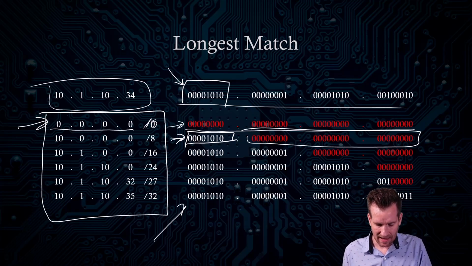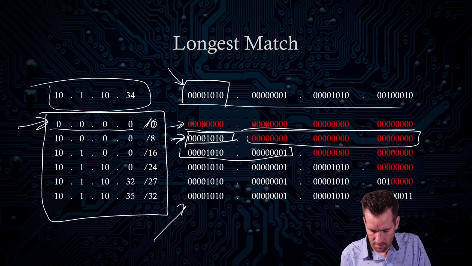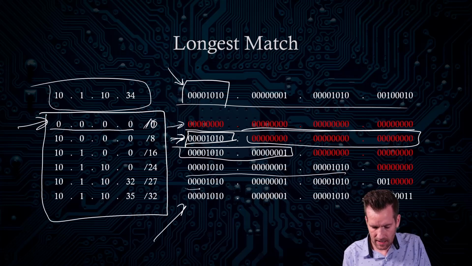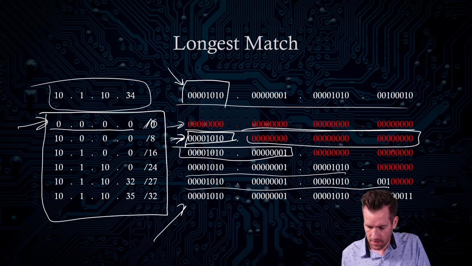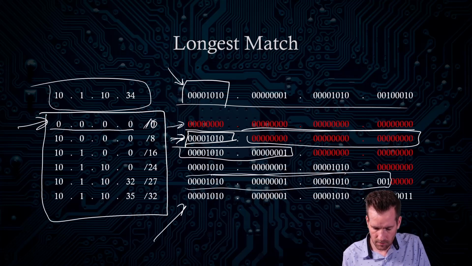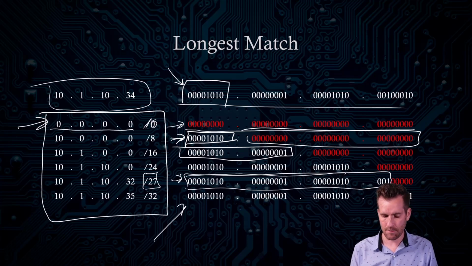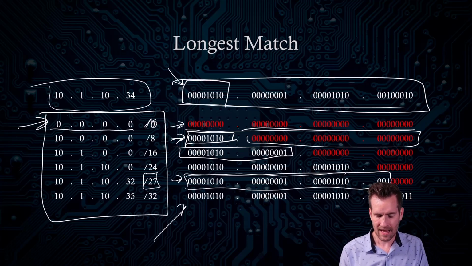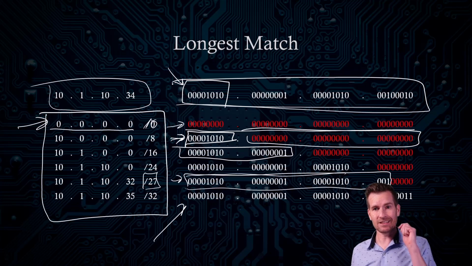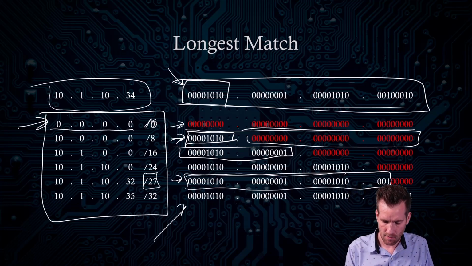And we can see that this one actually has more matching bits to it, so that would be even better. And you can see where I'm going with this. Even up to this point right here, this has all matching bits for the /27 that's in here. And so even this one would line up and be a good match for this. But the best one is the longest match, what has the most number of bits matching.